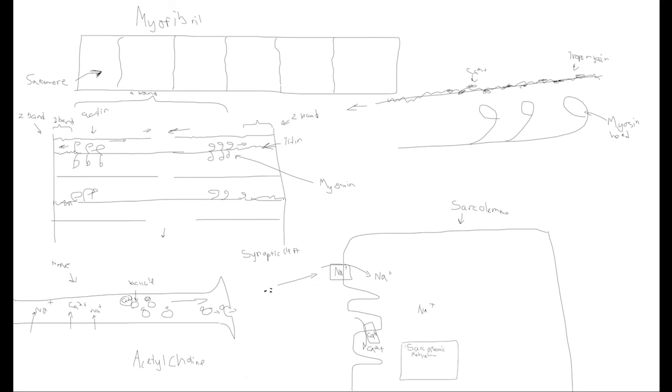It's actually the voltage gradient, in these skeletal muscle cells at least, that causes the sarcoplasmic reticulum to release more calcium, and that calcium is what does most of the binding to troponin.